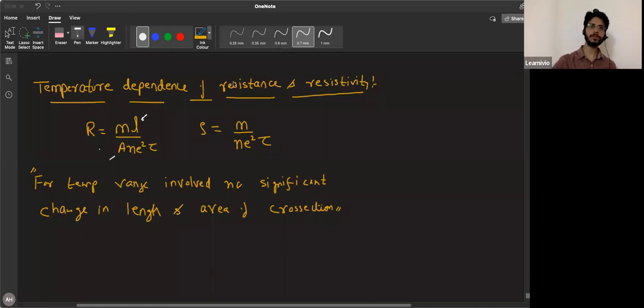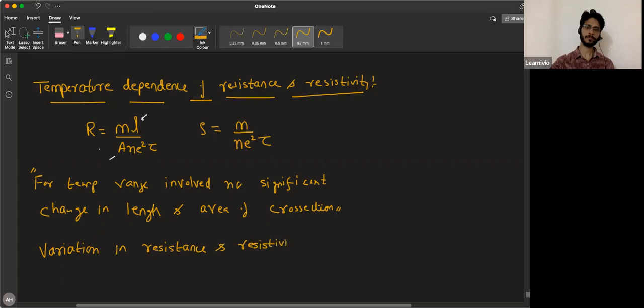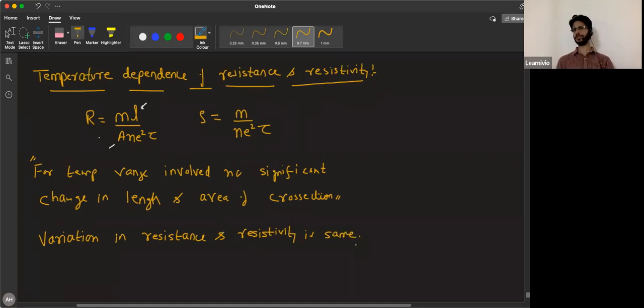So for the temperature range involved, the variation in resistance and resistivity will be the same. Both will have the same variation.